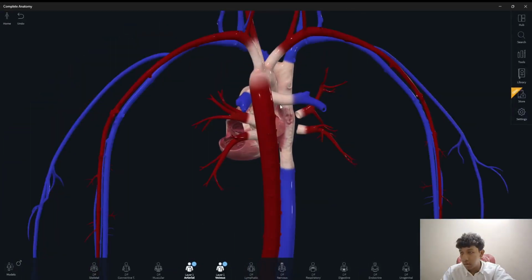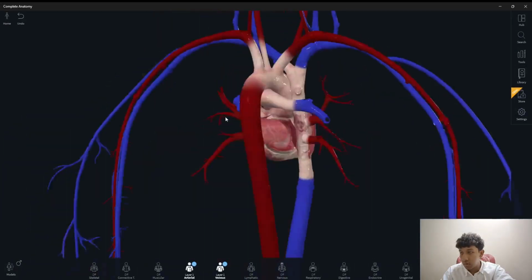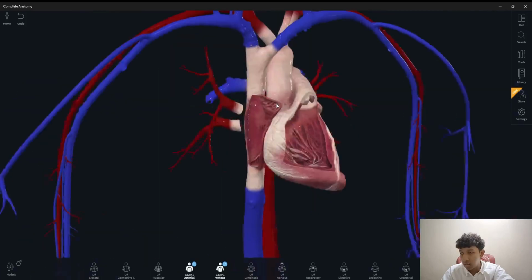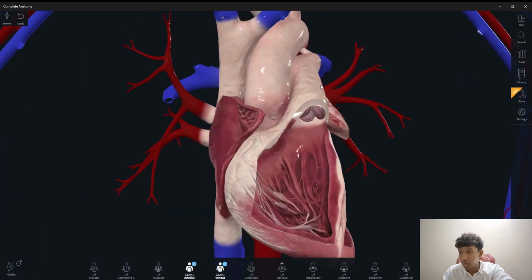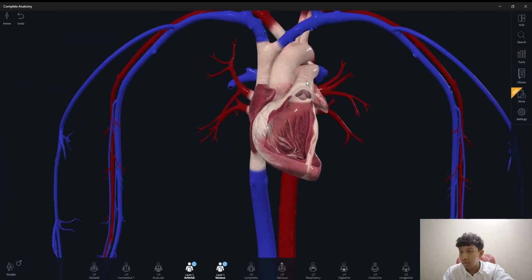From here, it divides into two branches. You can see the branches here, if you look from the front. The dextra pulmonary artery and the sinistra pulmonary artery act as a pathway for the blood to travel into the lungs to get oxygen.